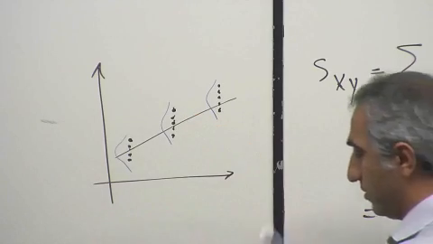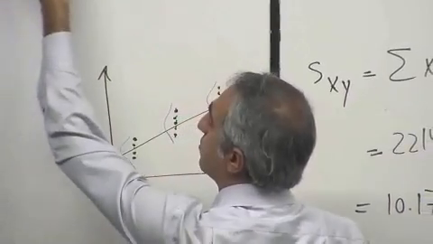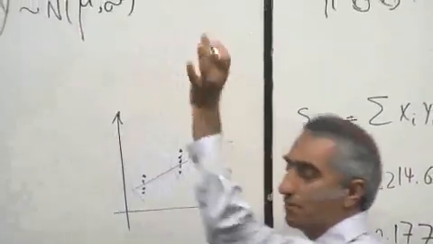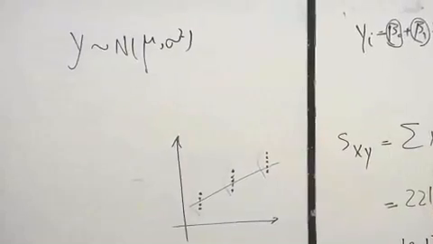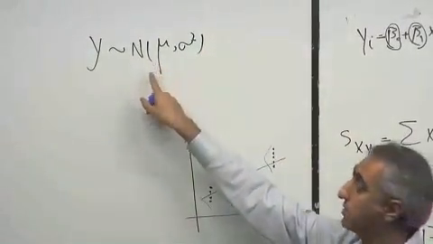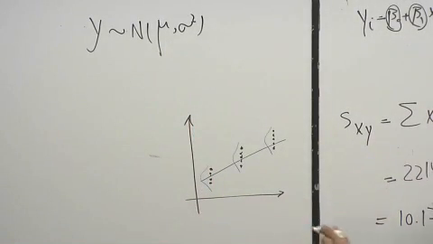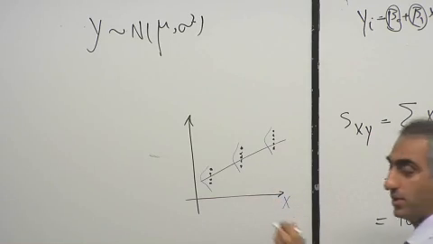So before, you had y i follows a normal distribution, as in previous examples, and you want to estimate mu and sigma squared, where mu was constant. Now we say mu is not constant, it is a function of another variable, which is x. Okay?